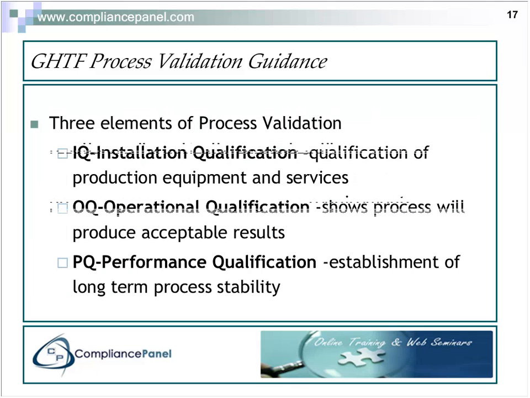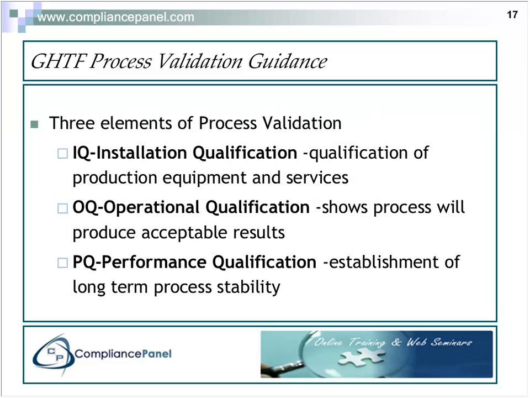Now, process validation, as described in the Global Harmonization Task Force, is broken down into 3 elements. And there's a similar breakdown in the earlier FDA document, but it wasn't described quite like this. We have 3 phases. The first is installation qualification.